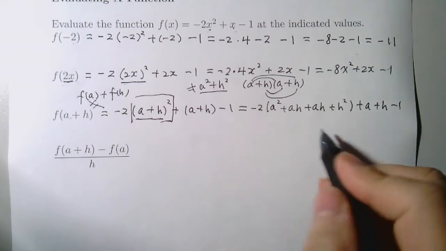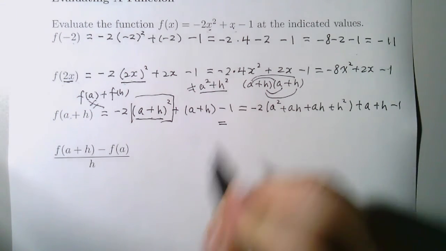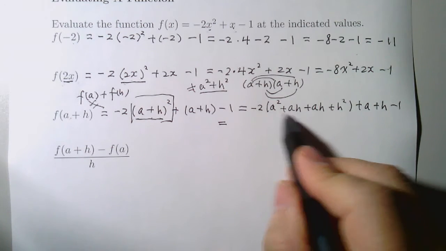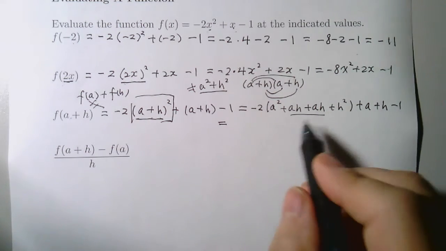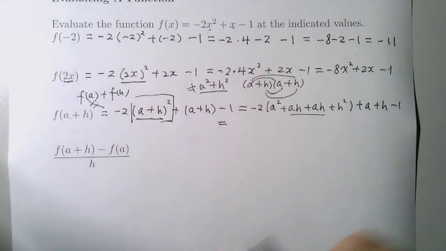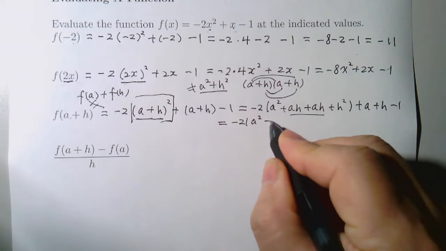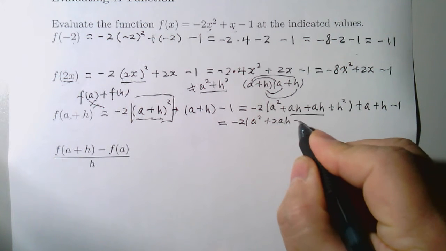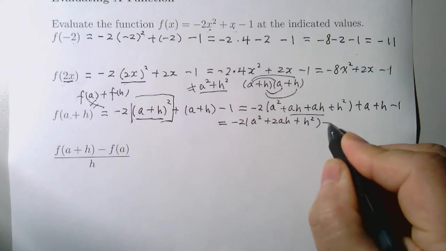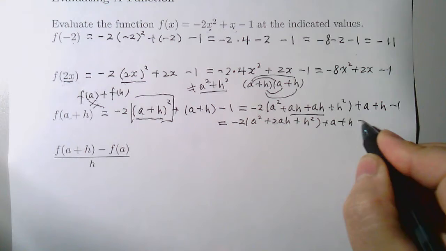So here I got negative 2 times (a squared plus 2ah plus h squared) plus a plus h minus 1.